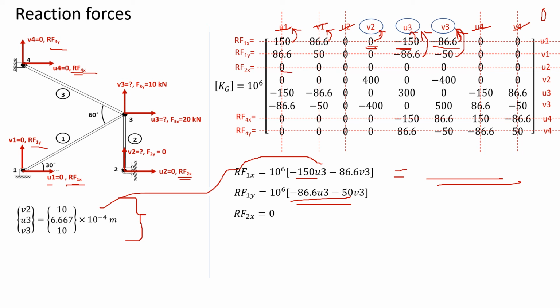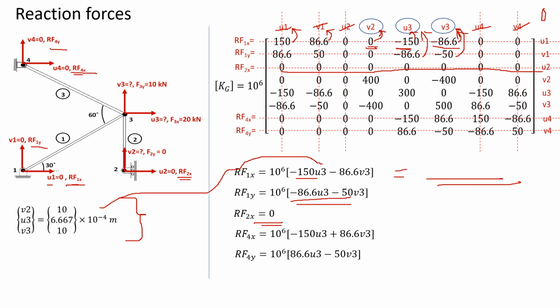For RF2x, all these values are 0, so that's why we obtain 0. For RF4x, we have 150 times U3 plus 86.6 times V3.